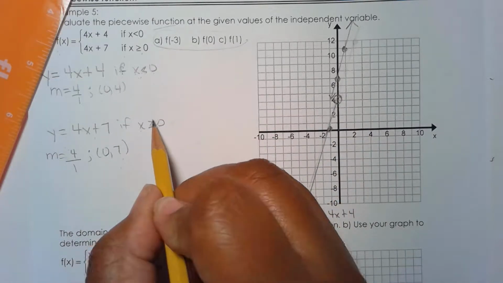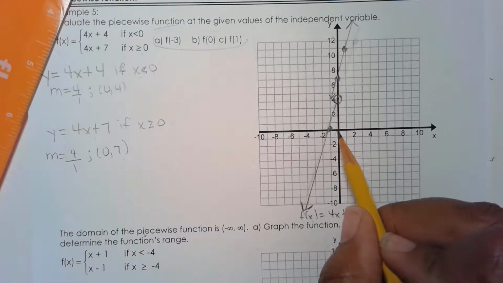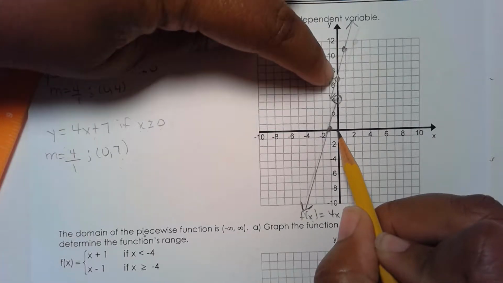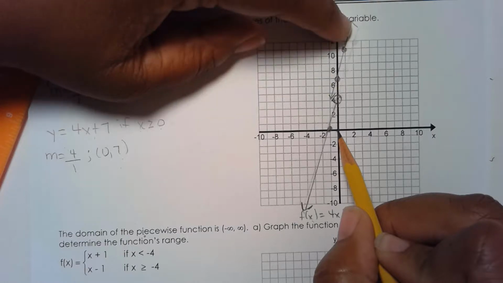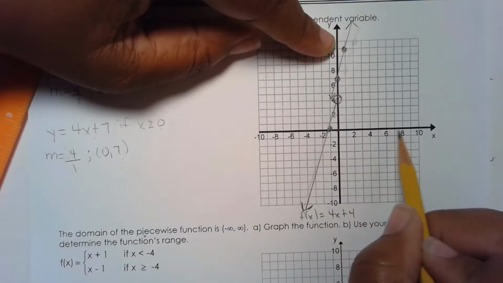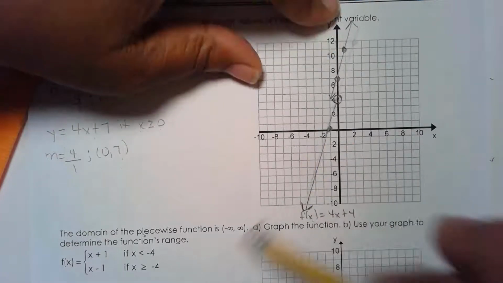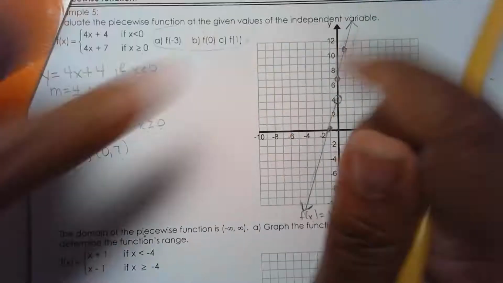When x is greater than or equal to 0, we look along the x-axis. What this is saying for this second equation is that any values greater than or equal to 0, we want to represent. That means any value to the right of 0 along the x-axis. Anything to the left, we want to omit. So we're just taking away a piece of that graph.